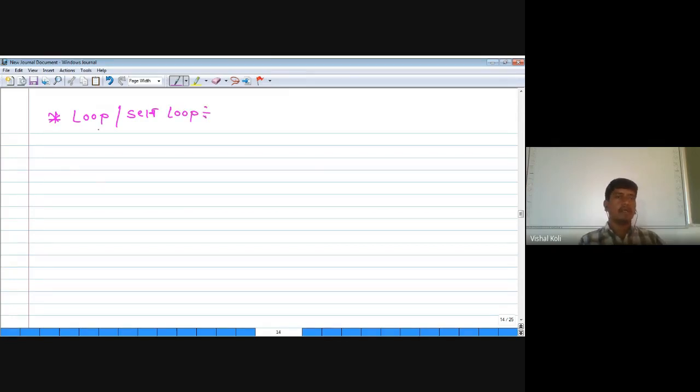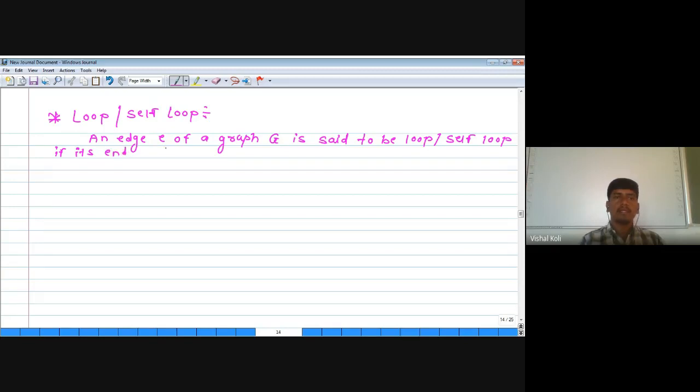An edge E of a graph G is said to be a loop or self loop if its end vertices are same.